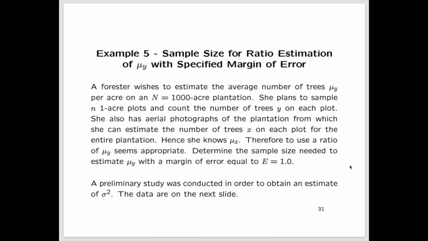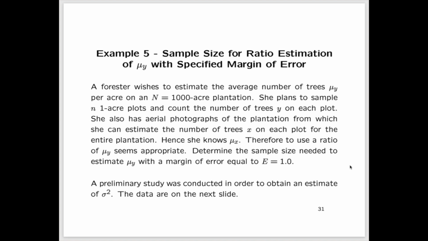She also has aerial photographs of the plantation from which she can estimate the number of trees, which is the predictor variable x, on each plot for the entire plantation. Therefore, she knows the value of mu sub x.